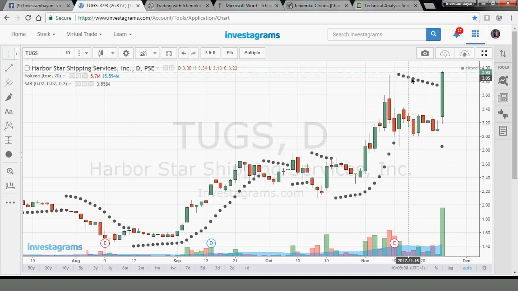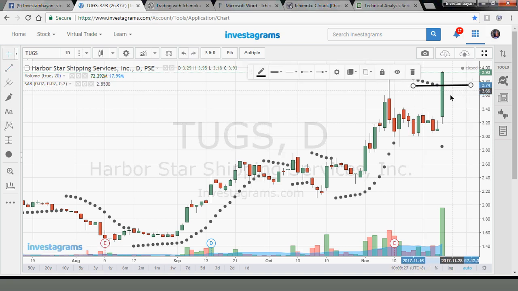Pinaka-last na upper parabolic dot, 1, 2, 3, 4, 5, 6, 7, 8, 9. Sa 9 na dot, diyan tumigil yung upper parabolic, meaning may reversal na nangyayari. But na-confirm mo yung reversal kung may breakout. So, nakabili ako dito 3.40 around here.